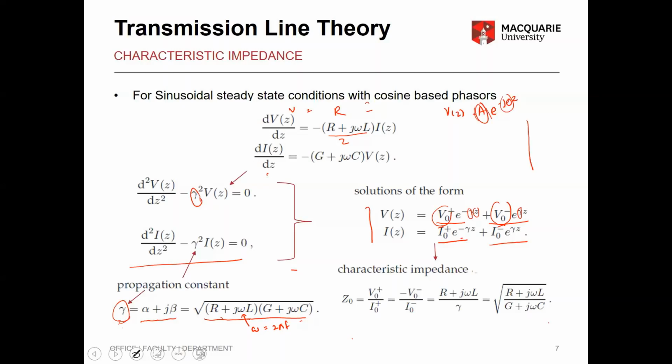At any interface, if you have a transmission medium, there is a V0+ and I0+ for the forward wave, and for the backward wave, there's a V0- and I0-. So V(z) at any point is a summation of V0+ and V0- with these parameters, as a function of V0+, V0-, gamma and z.